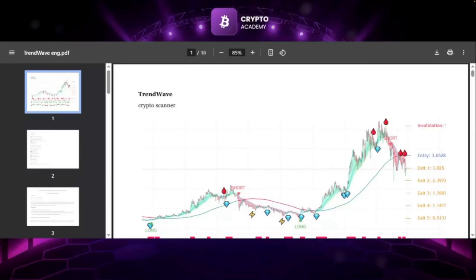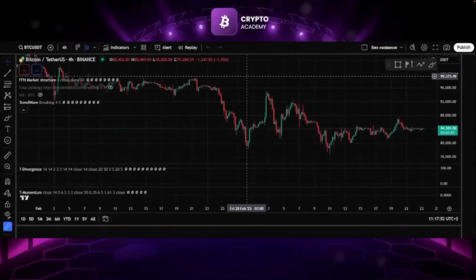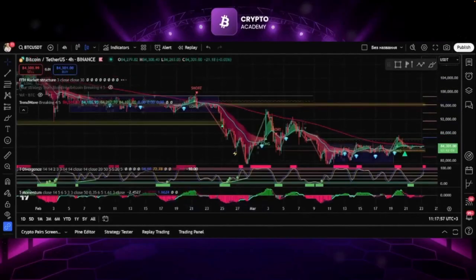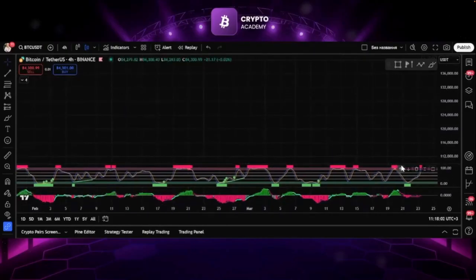All of this information is available in detail in Start Trading course. So we'll now go over what you need to know and understand when working with the scanner.